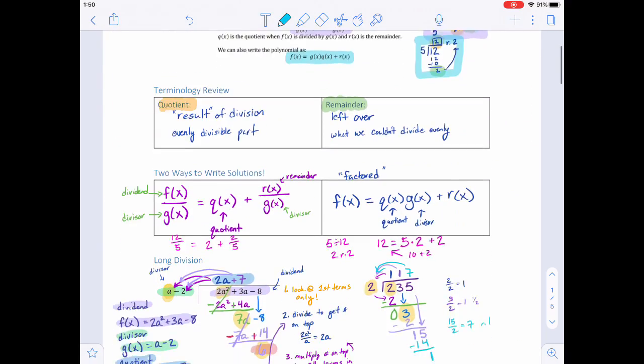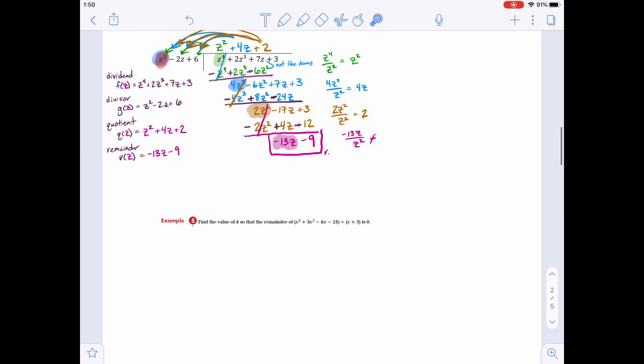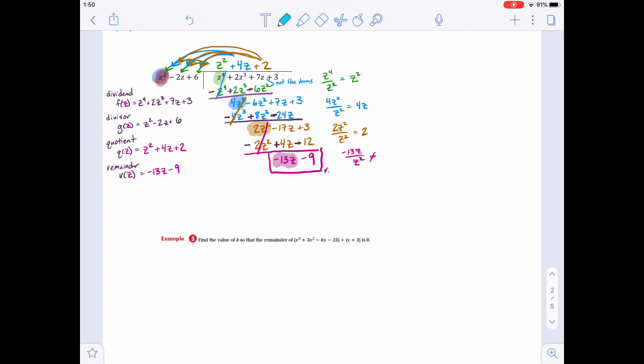Remember, these come from this box up here. So let's do our first one, this fraction one. F divided by g is our quotient plus our remainder divided by g. So we say z to the 4th plus 2z cubed plus 7z plus 3, divided by z squared minus 2z plus 6, is equal to our quotient, z squared plus 4z plus 2, plus our remainder divided by our divisor.